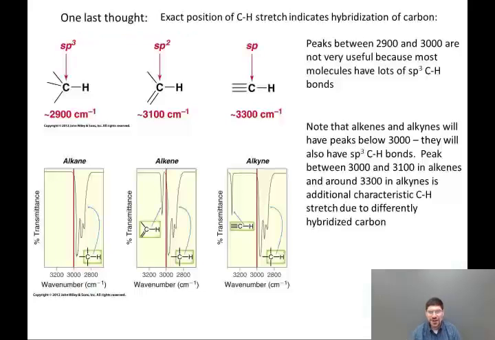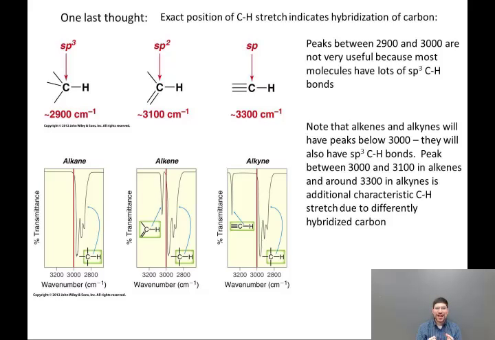But as one last thought, as I alluded to earlier, the exact position of the CH stretch gives information about the hybridization of the carbon. So a CH stretch to an sp3 hybridized carbon occurs to the right of 3000, typically around 2900.